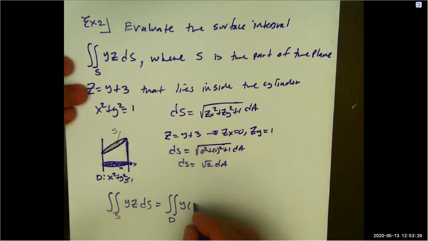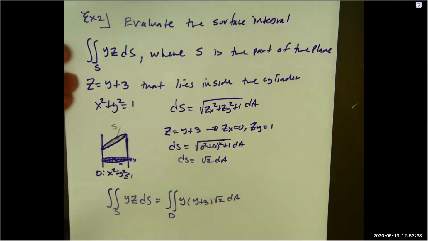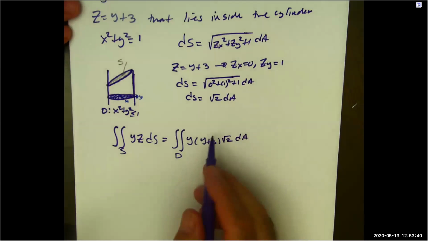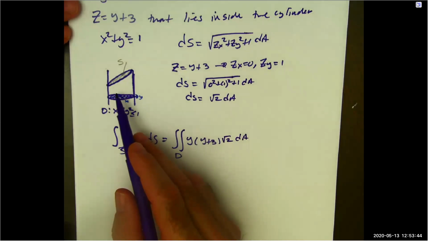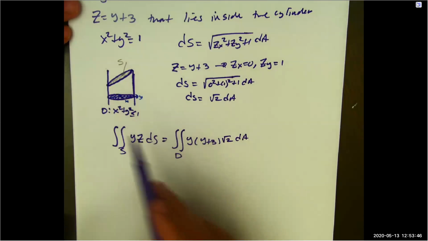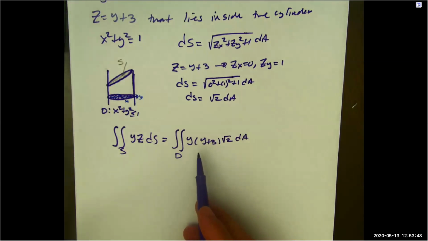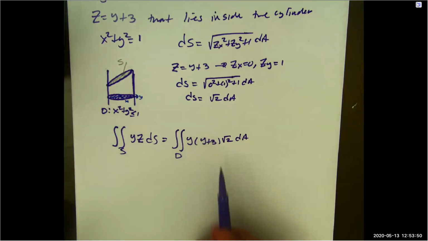So we'll have y times (y plus 3), and then dS is going to be equal to root 2 dA. And so now this is just boiled down to integrating this function over this polar region. So we're back in chapter 15 doing a double integral that we can easily convert to polar.